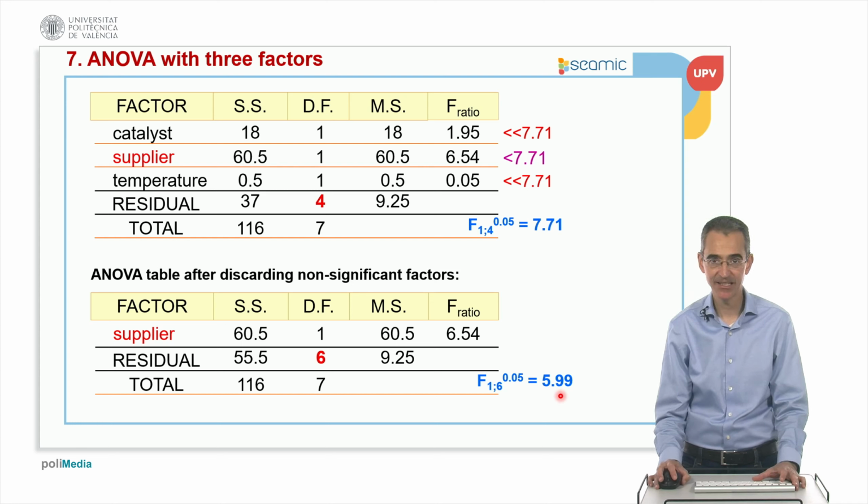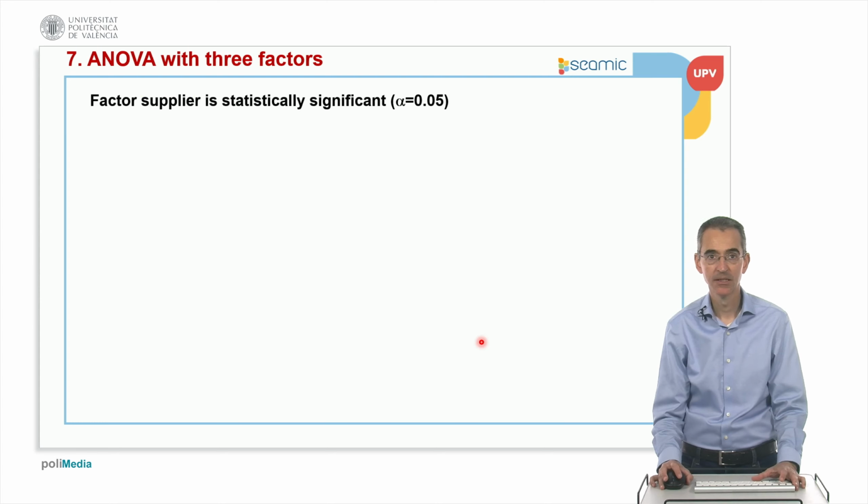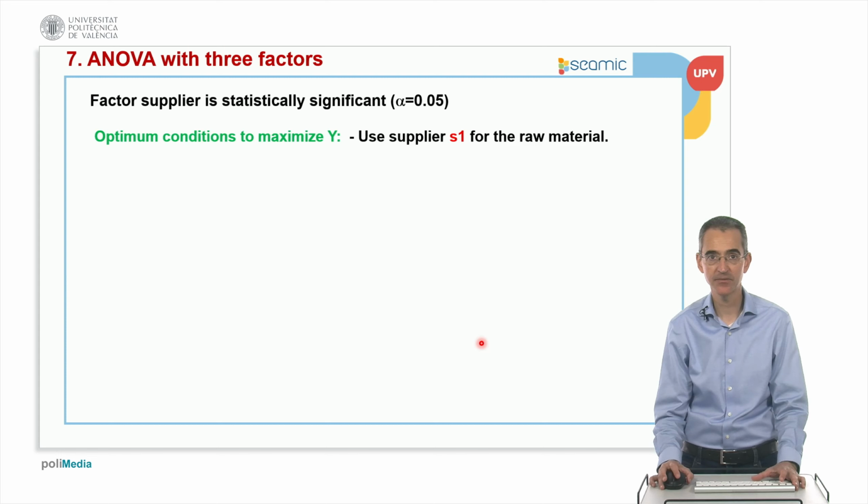And then, interestingly, in this case, the F ratio is higher than the critical value. So it means that this value is not frequent for this distribution, so we have evidence to reject the null hypothesis. And this is important. Okay, so we conclude that factor supplier is statistically significant.